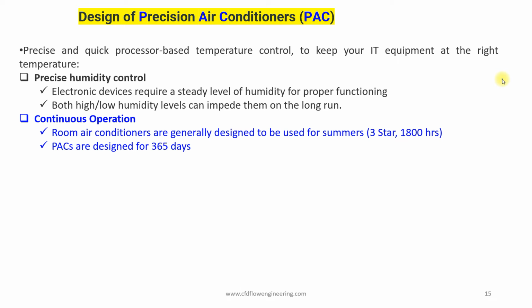But precision air conditioners are used to work for all 365 days. Hence, its maintenance cost should be low. Any failure in PAC can lead to huge loss due to a failure of the data center.